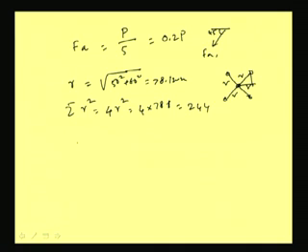Now we can find out the stresses. So, Fm is nothing but Mr by summation R square.